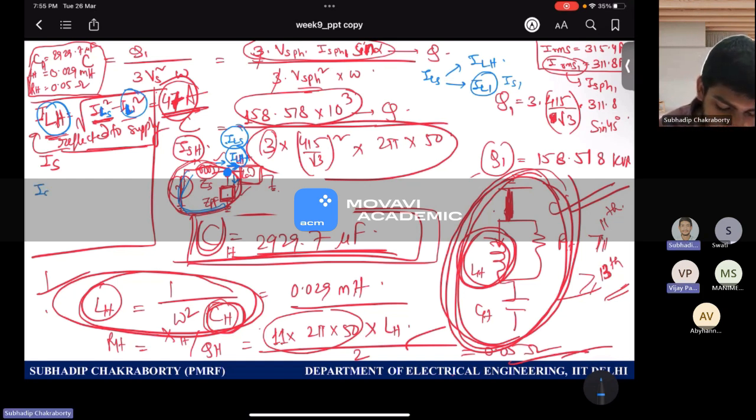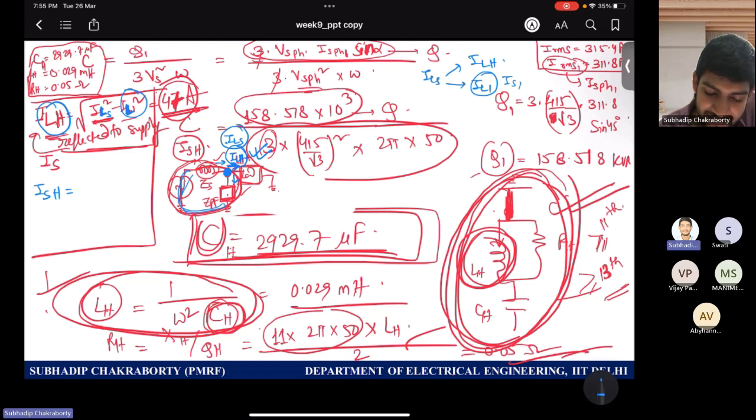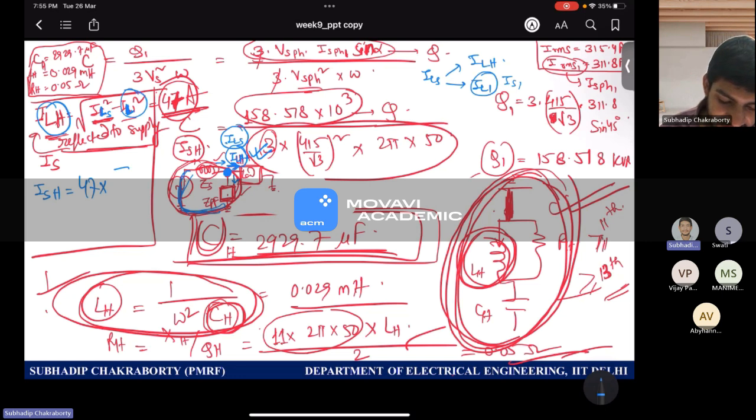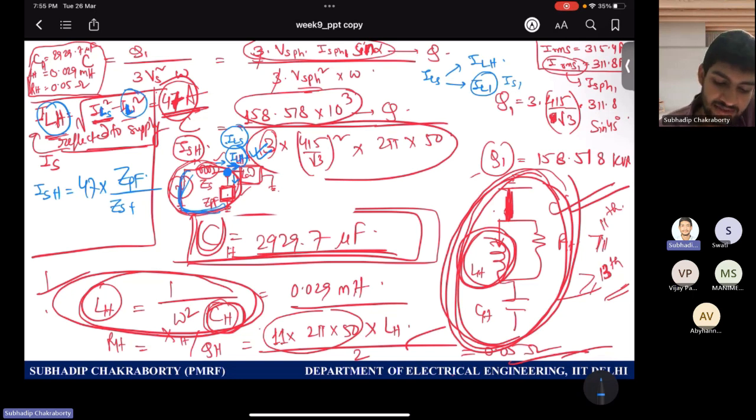So what is the supply harmonic? Can anyone tell me? If I know the harmonic content at this side, and I know by Thevenin from this point it is splitting into two parallel paths, what is the supply side harmonic content? 47 times ZPF, the power filter, over the total, current division happens in the inverse law. So if I want to find out the source side current, then I do the inverse. Agreed or not?